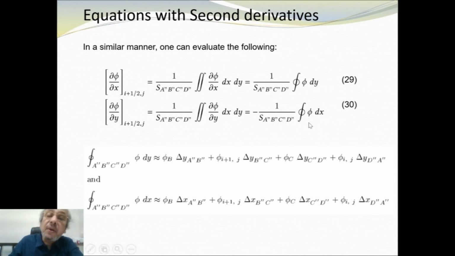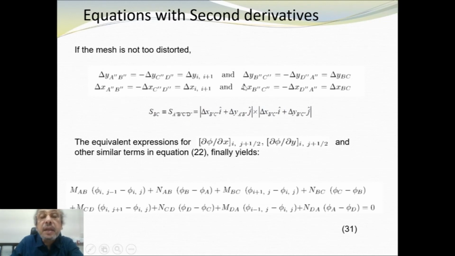Similar way, we now can calculate the area of this quadrilateral A double prime B double prime C double prime D double prime, which we have done here. Again, we have done some parametric evaluation, delta y A double prime B double prime equal to minus delta y C double prime D double prime equal to delta y I plus 1.